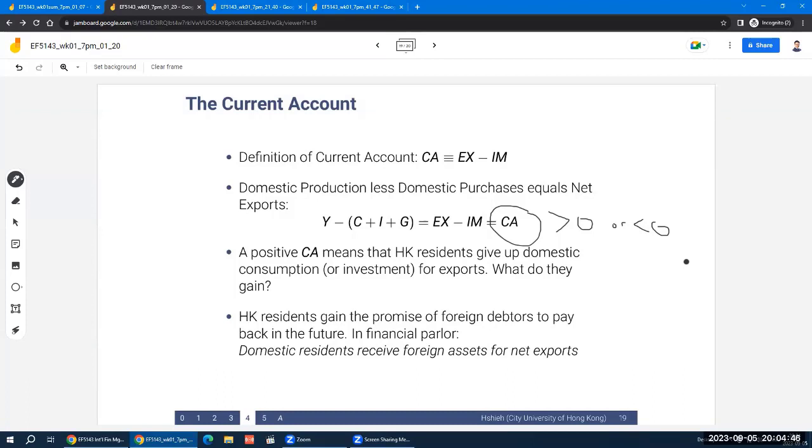Remember, C plus I plus G, that's domestic private spending. After spending, if I have something left over, it must go somewhere else. In this case, you should think about CA capturing either savings abroad, like financial returns, or lending in terms of real goods and services. So the way to think about this is, if a country decides to export to another country, what is that country actually accepting in return for exports?